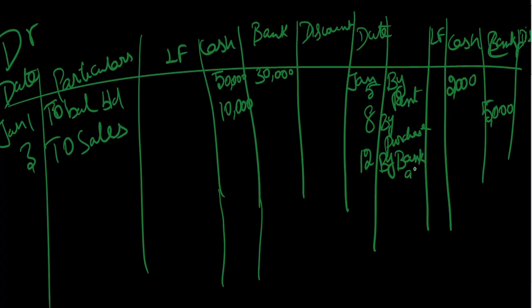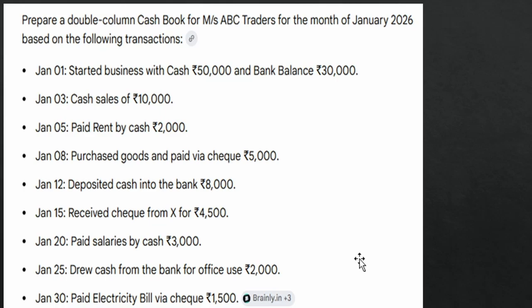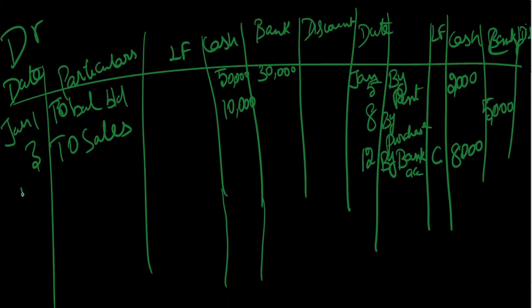By bank account, we have to mention the contra in the ledger folio column. So bank account is entered in the credit side. We have to provide the amount in the cash column. How much is it? 8,000. So in the debit side also, to cash, entered in the bank column 8,000. Don't forget to put C in the ledger folio column, which is mentioned as contra entry.